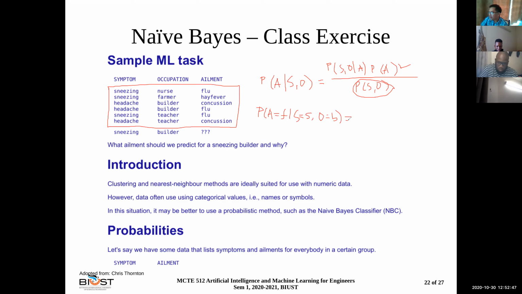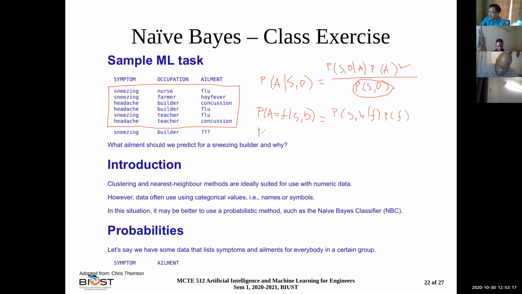Okay, let's just do small s for sneezing and small b for builder. So now we write this as the probability of sneezing and builder given flu, and the probability of flu. That's one.